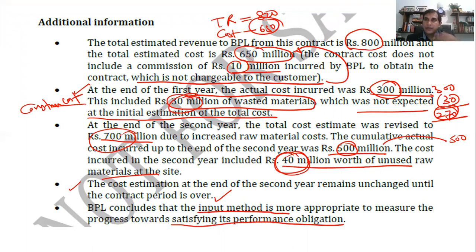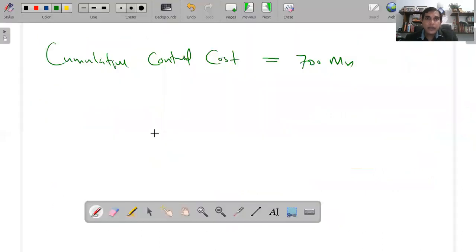That means there is no such change in this estimation, 700. So that is the total expectation when it comes to the expense. So up to second year, entity has incurred 430 million cost recognized.